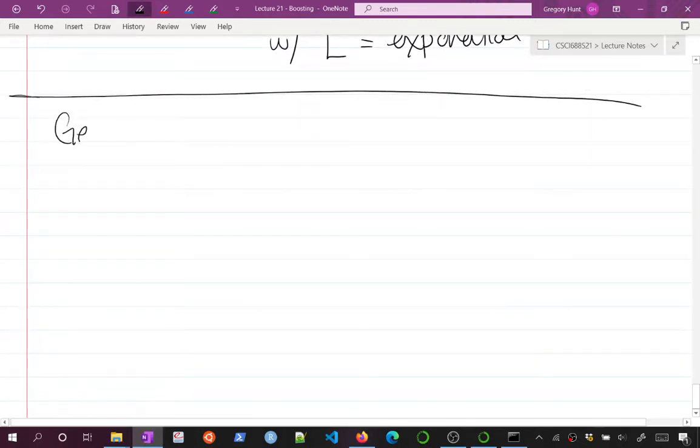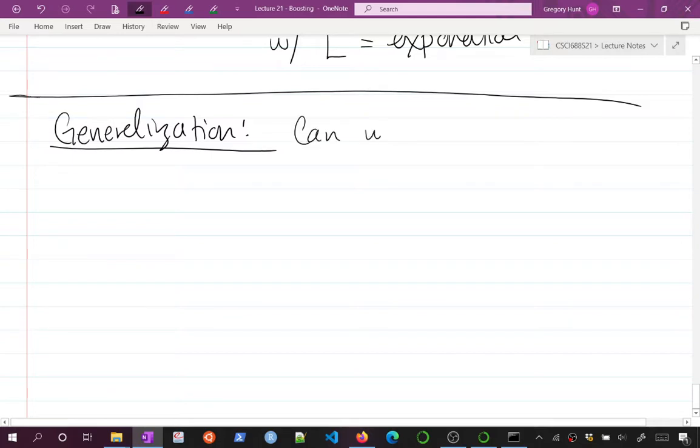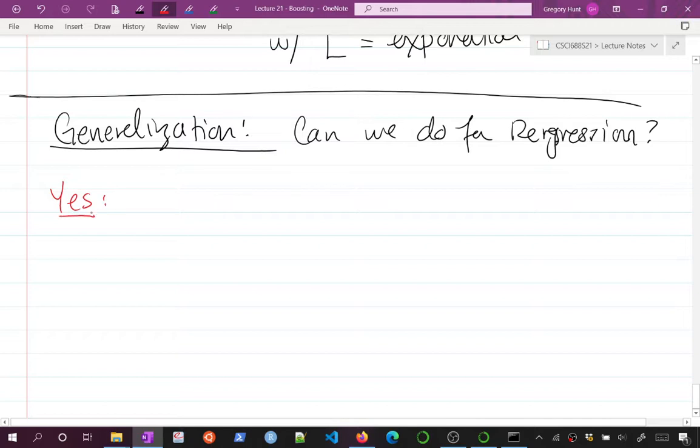The generalization of this whole boosting thing is: can we do this for, let's say, regression? The answer for regression is basically yes. I'm not going to go through the whole algorithm.